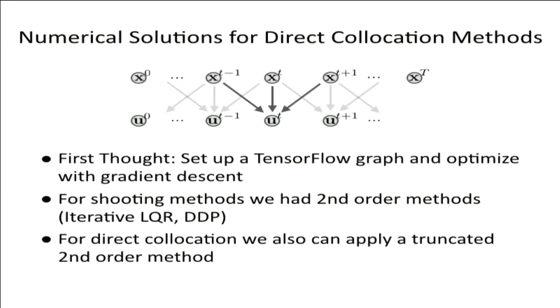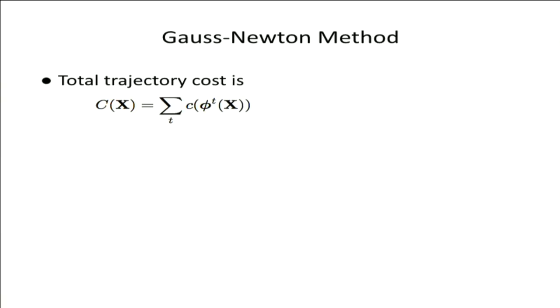We've looked at DDP, of which LQR is kind of an approximation to the second-order method, and DDP you can think of as the true second-order method for solving forward shooting problems. Similarly, for direct collocation, we can apply second-order methods and, in practice, a truncated approximation to them. In particular, the Gauss-Newton method.